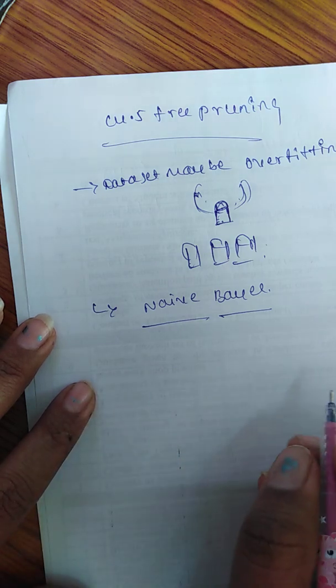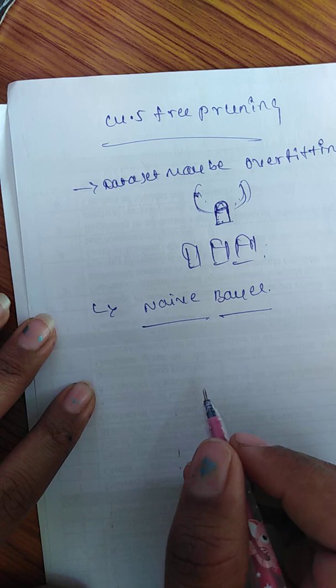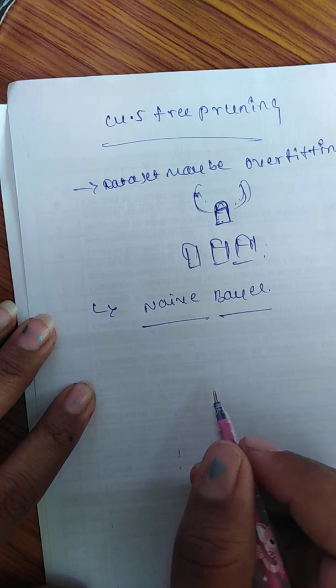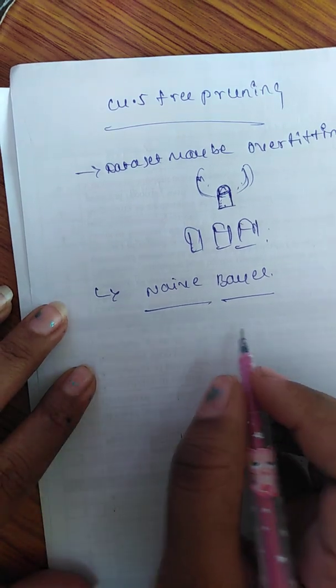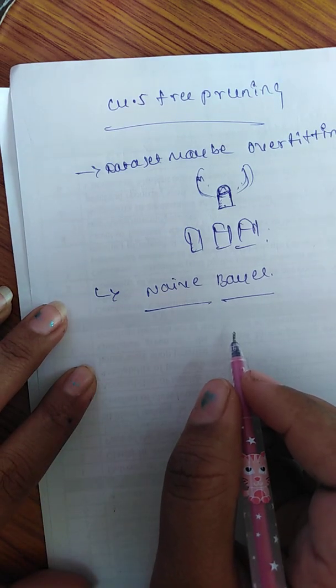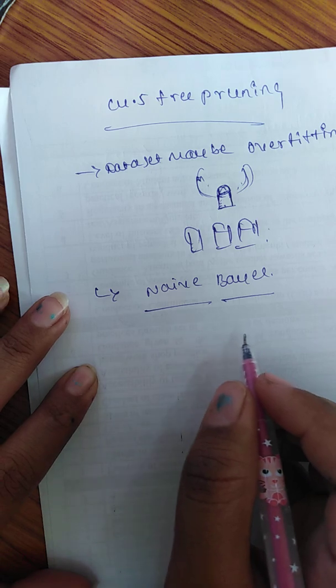C4.5 is version 8 of the classic decision tree tool developed by J.R. Quinlan. Who developed it? J.R. Quinlan developed C4.5. He is the developer of the C4.5 software.